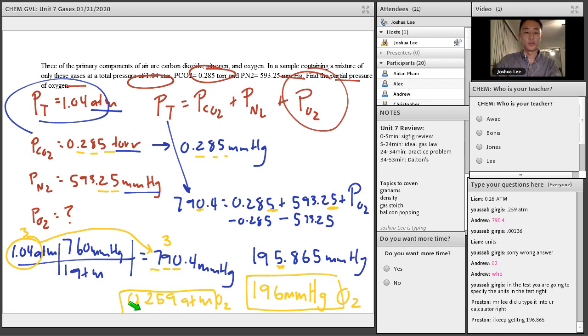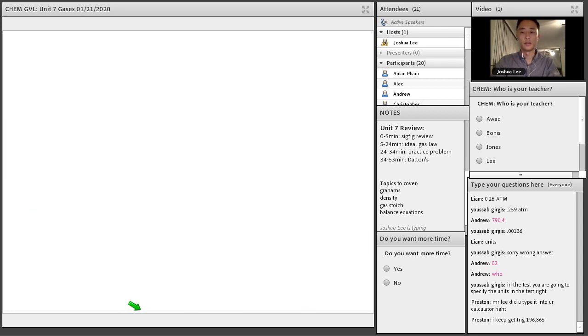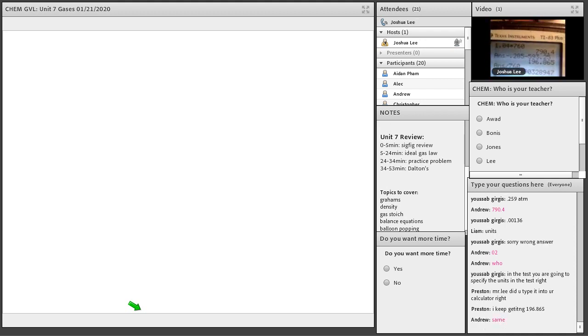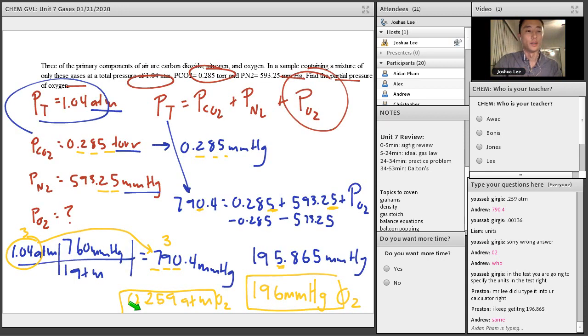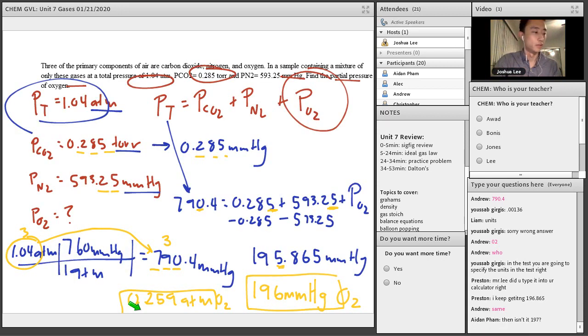If we have time, we'll go to balancing equations. So Graham's law. I keep getting 196.865. Good job, 196.865. Did I write it wrong? Oh, I did. You're right. It's supposed to be 197.